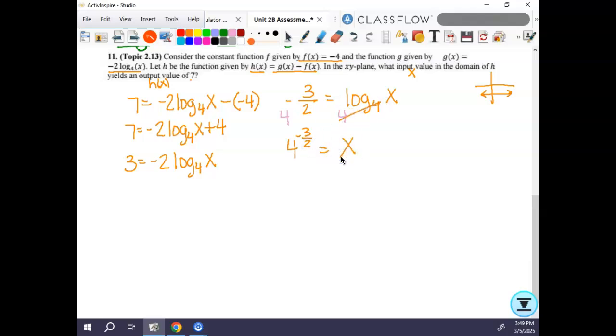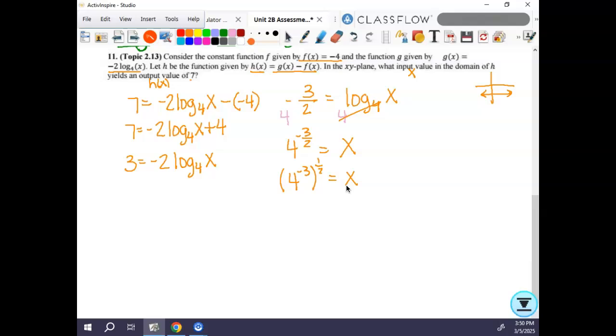Now, I can't leave it like that. I've got to simplify this all the way. Okay, so let's do this step by step. Let's leave the negative there for a minute. I want you to remember that you can break this stuff up. So this is like 4 to the -3 power to the 1/2 power equals x.